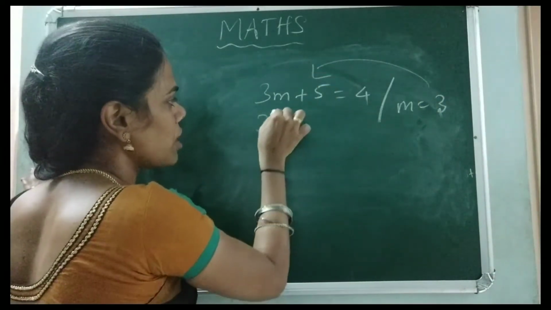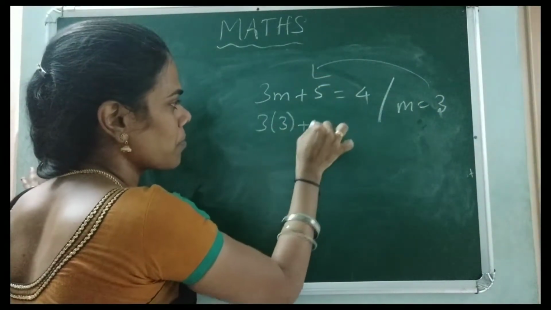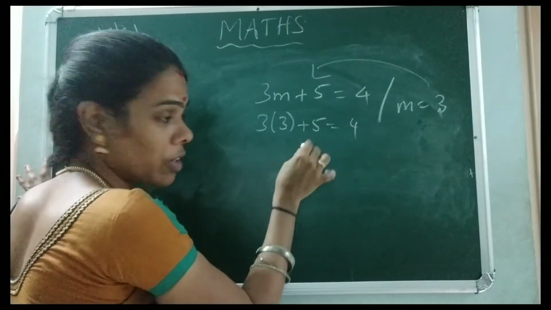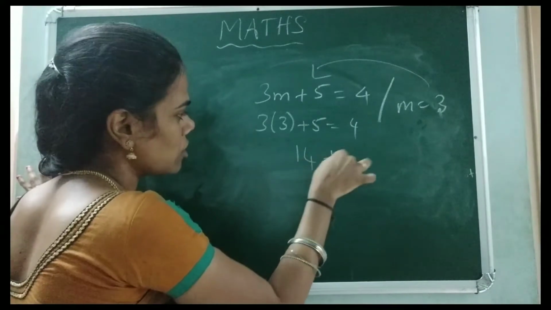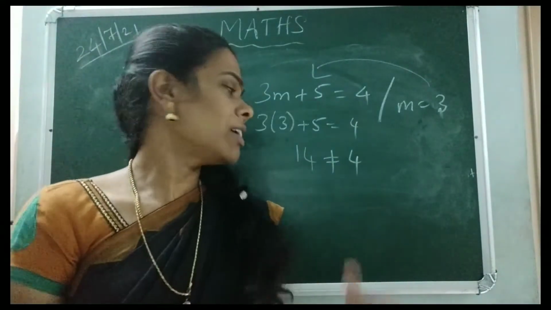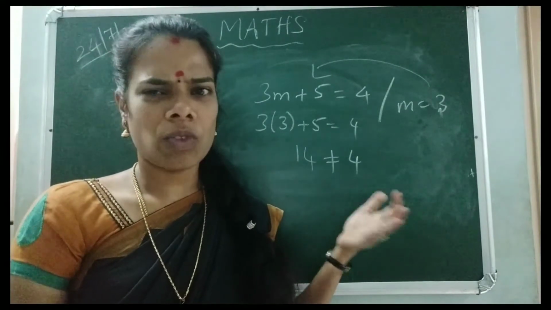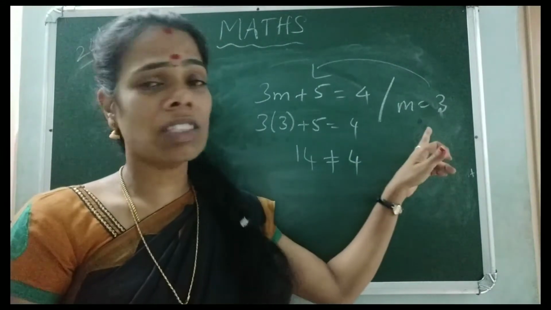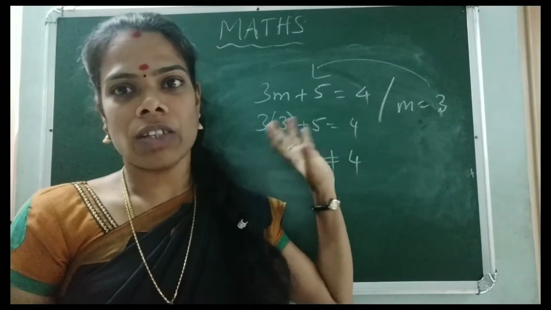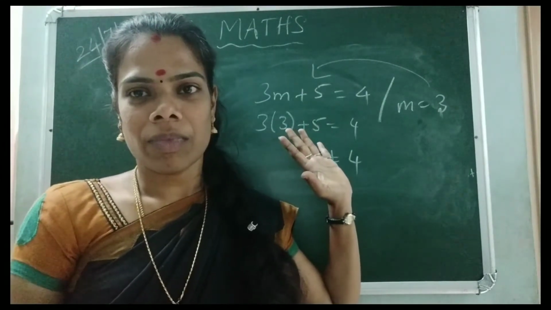Instead of m, replace 3: 3 into 3 is 9, 9 plus 5 is 14. So 14 is not equal to 4. Correct? We are not getting the right side answer. So m equal to 3 is not a solution of this equation.